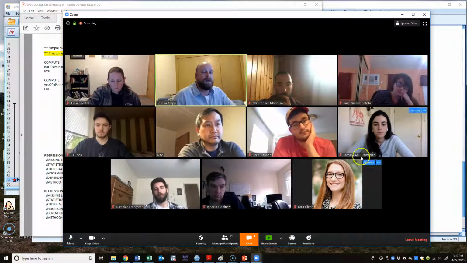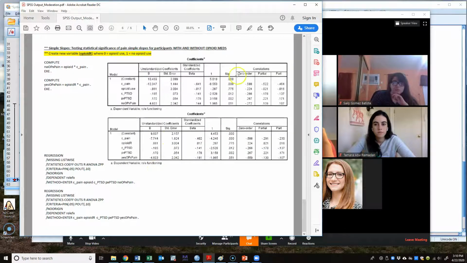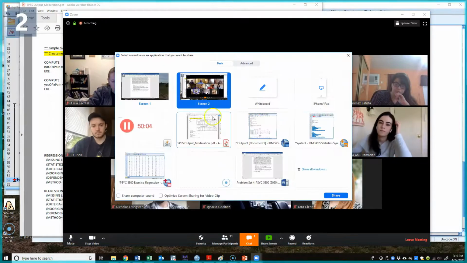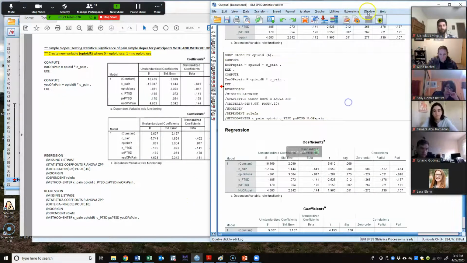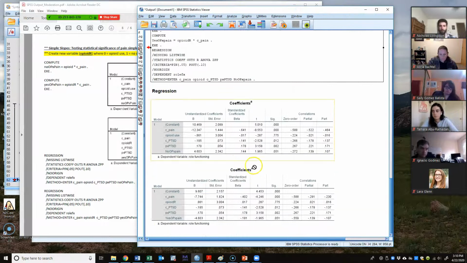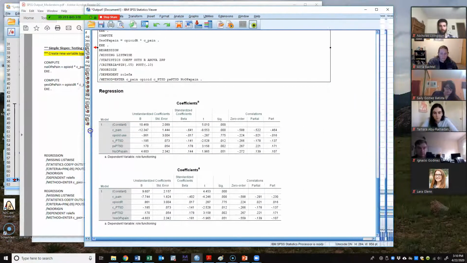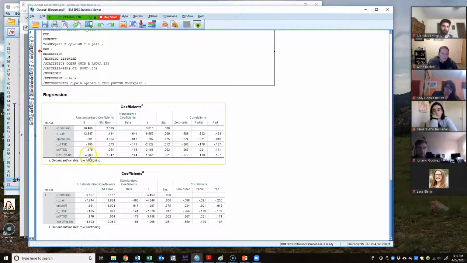Okay. So this model here is the model that I ran looking at pain, opiate use, and PTSD and the interaction of these two without centering opiate use.